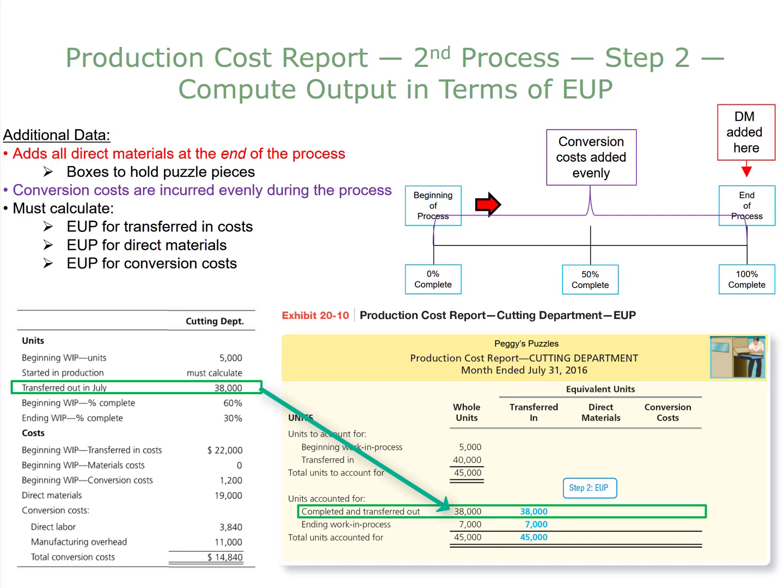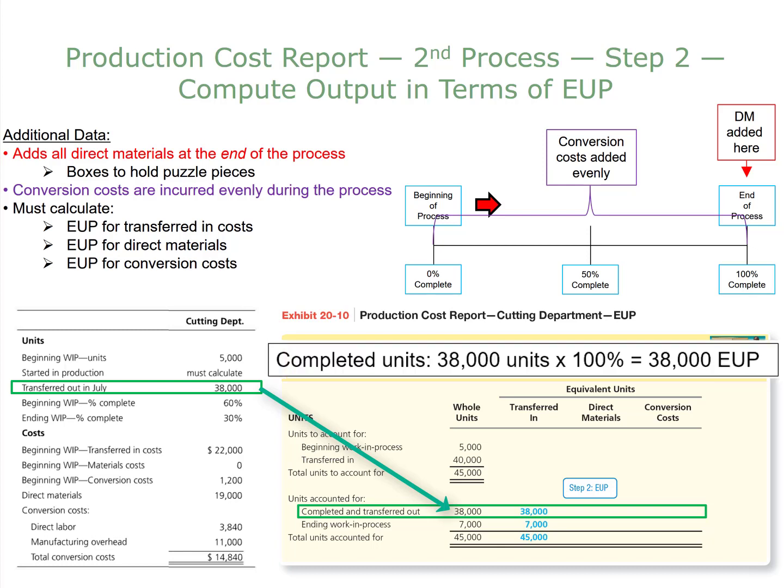That means they are considered 100% complete for both direct materials and conversion costs. So, to calculate the equivalent units of production for the 38,000 completed and transferred out units, we simply take 38,000 units times 100% since they were completely finished, and we get 38,000 EUP for both direct materials and conversion costs. Now we simply place the 38,000 EUP on the production cost report for both direct materials and conversion costs.